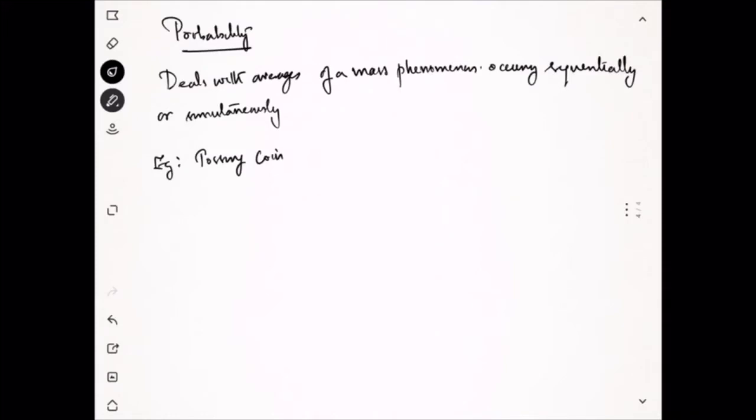Now if we toss this coin, then we may get either head or tail, right? We cannot get both anyway. So tossing a coin is an experiment, and the outcome of this experiment may be either head or tail, and it is impossible to predict what we will get during this experiment. Maybe we will get the head, or sometimes we will get the tail.